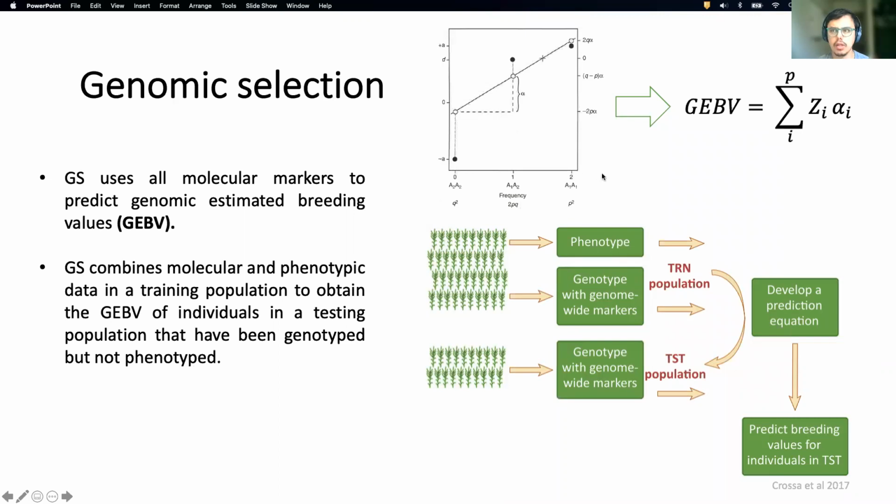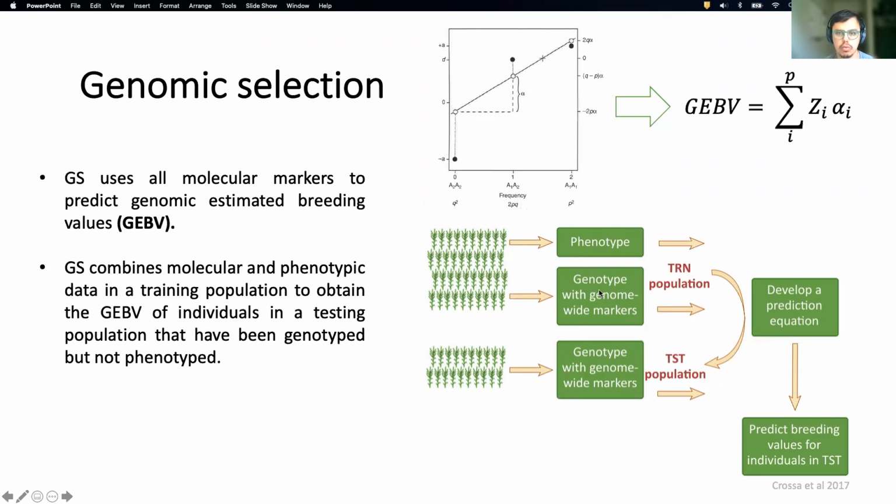So hopefully this part is clear for everybody, but I'm just going to repeat it to be sure. In the training population, you need the phenotype and the genotype.